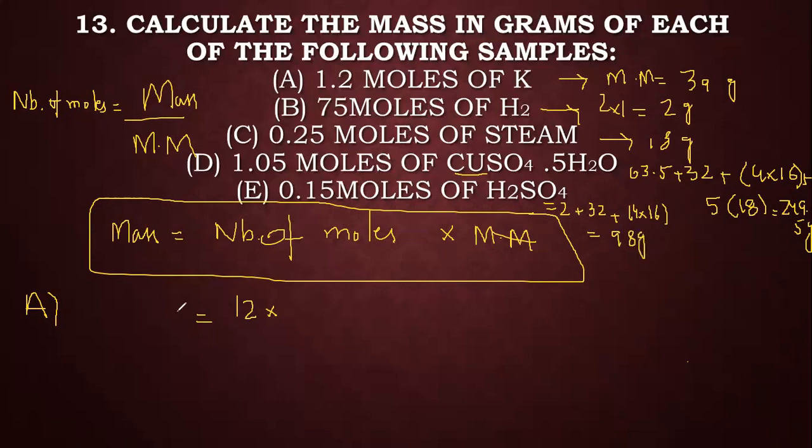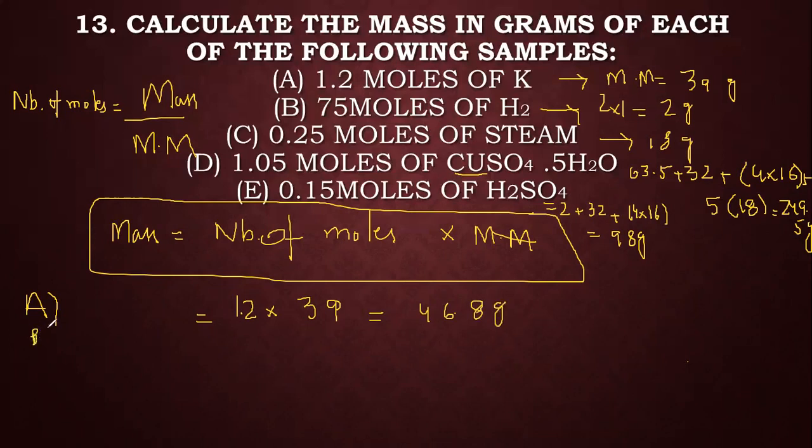Now, it's the simplest case. In the first case, we have 1.2 moles, so 1.2 multiplied by 39, because the molar mass of calcium is this one. The value is 46.8 grams.